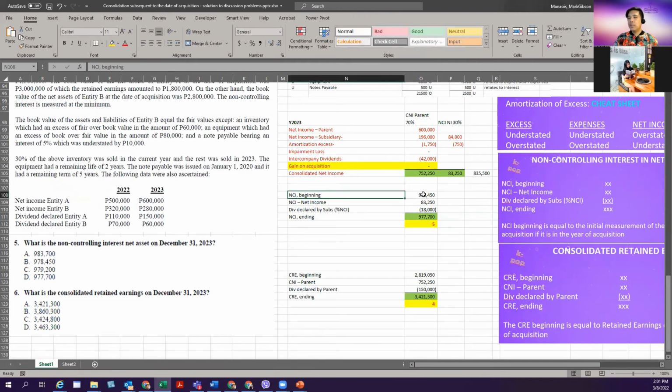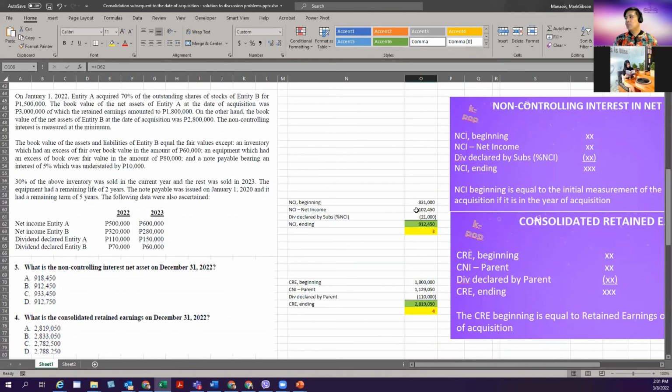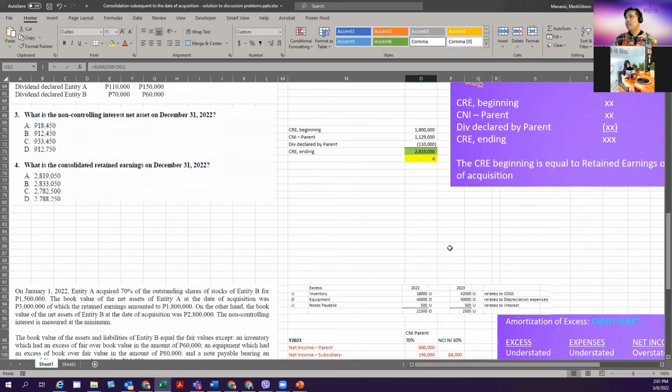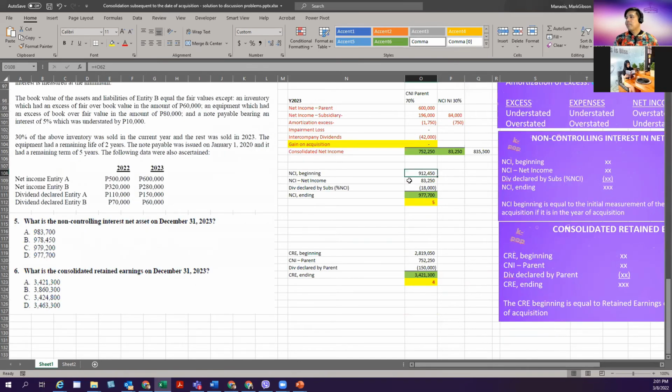So, ano nga itong non-controlling interest beginning? Siyempre, yun yung ending mo ng 2022. So, this one, 912,450. Plus NCI net income, ayun, kakakompute lang natin, that's 83,250. Dividend declared by the subsidiary, so that's 60,000 multiplied by 30%. So the non-controlling interest ending balance mo would be 977,700. So letter D.